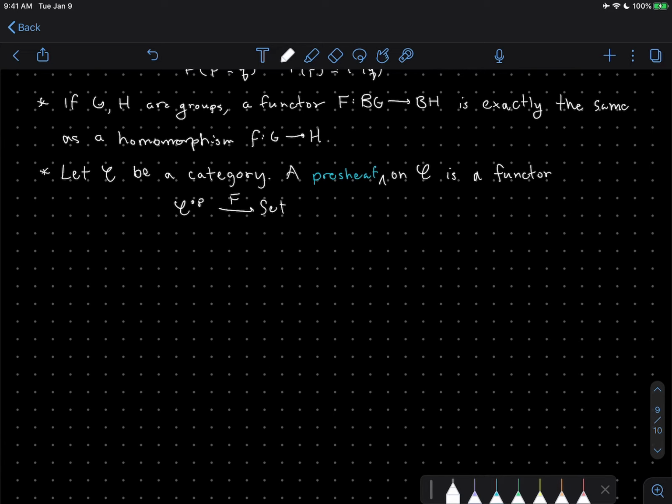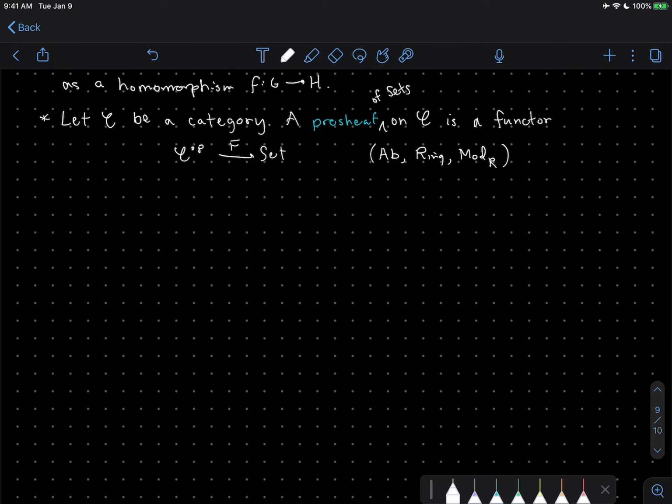And sometimes this is called a presheaf of sets. You could also have a presheaf of abelian groups, rings, of R modules, vector spaces, of anything.